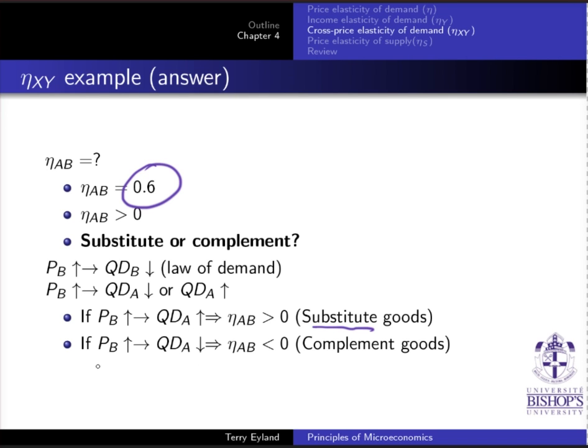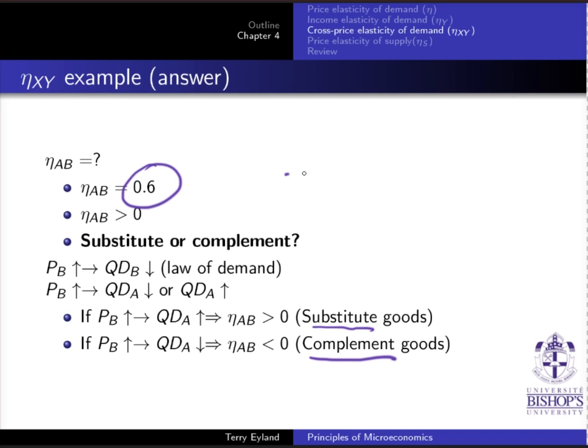However, if as the price goes up and we demand less of good B, we now demand less of good A as well, then in that situation, as we demand less of a good, we're not demanding more of the other, we're demanding less, because they are typically consumed together and are known as complements.